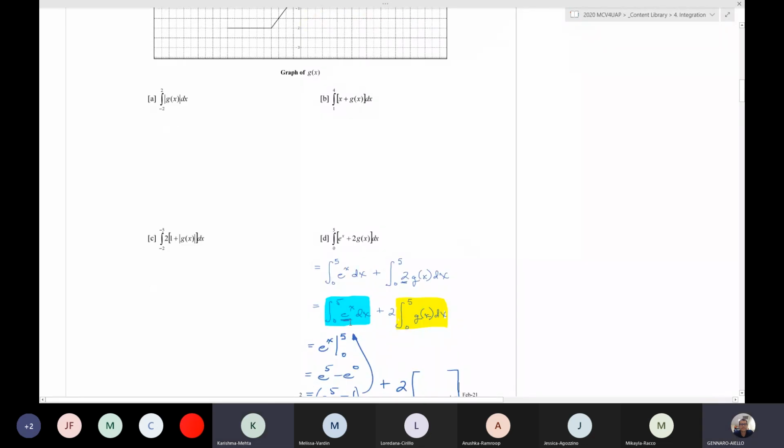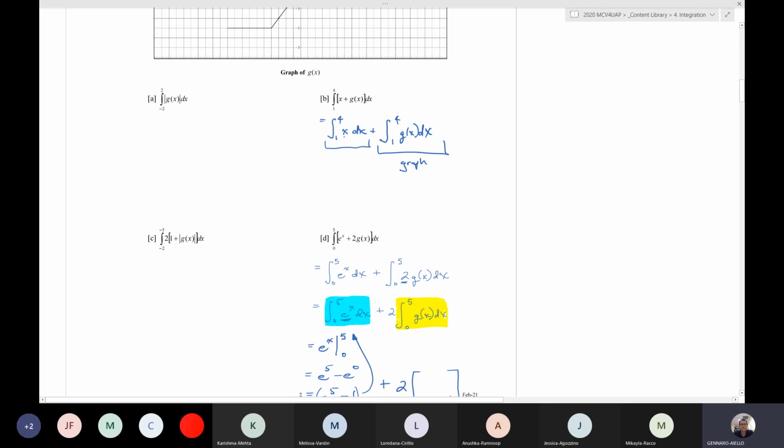Okay. Yeah, so that e to the x has nothing to do with the graph. Same with b. This is the integral from 1 to 4 of x dx plus the integral from 1 to 4 of g of x dx. This you're going to get from the graph. This one has nothing to do with the graph.